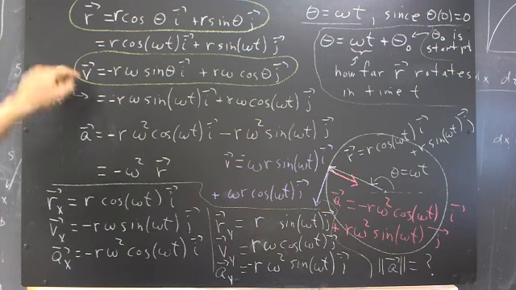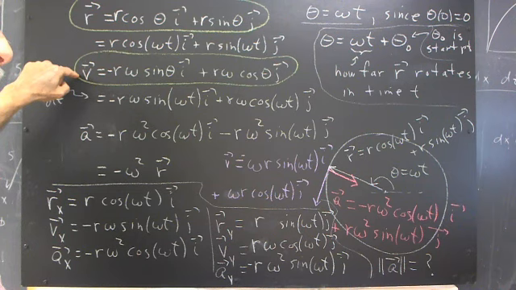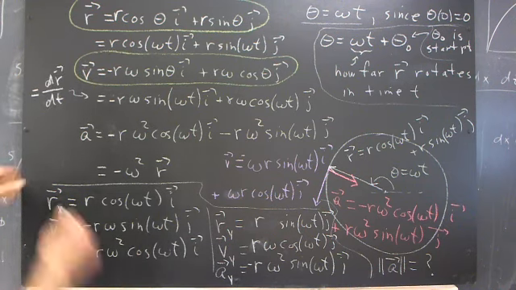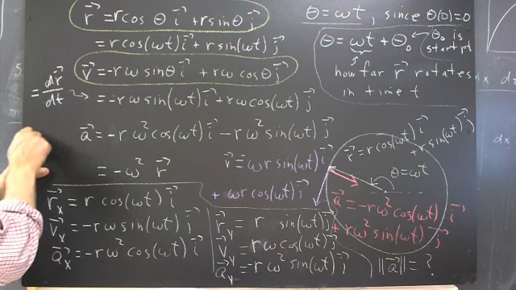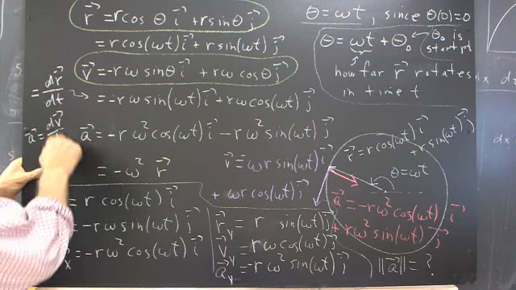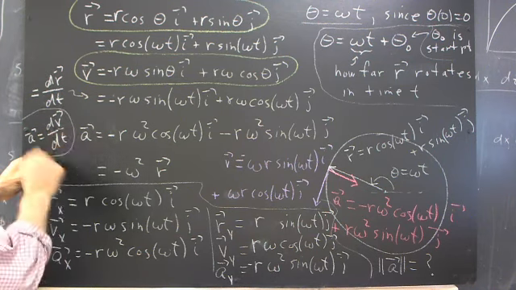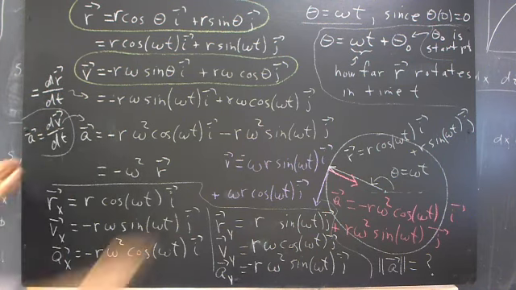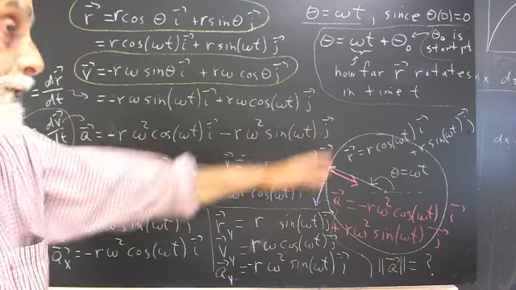a is the acceleration, which is the derivative of v. So we just take dv dt and we get this. And that's very simple.